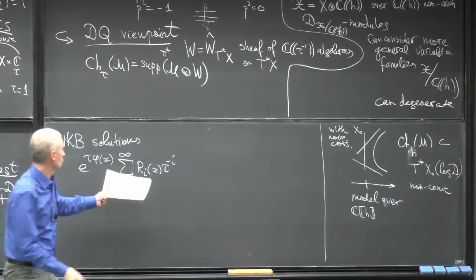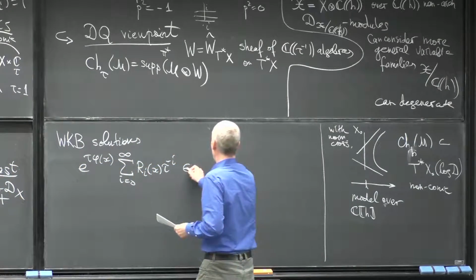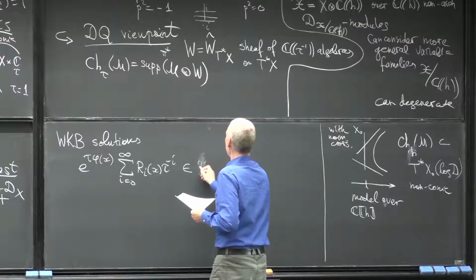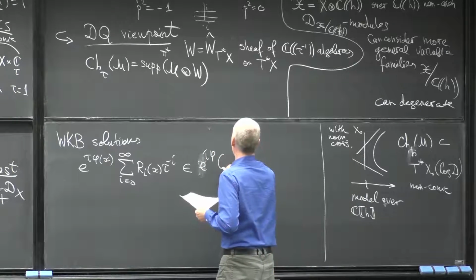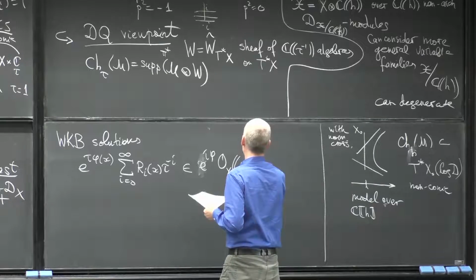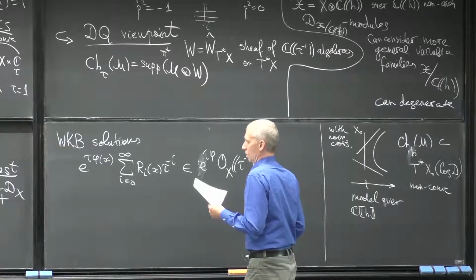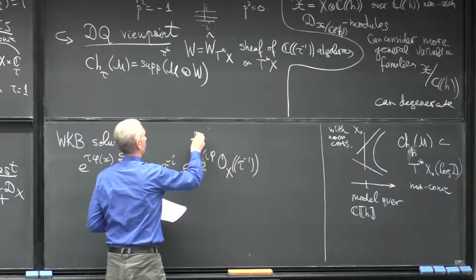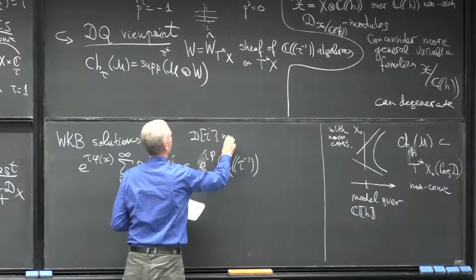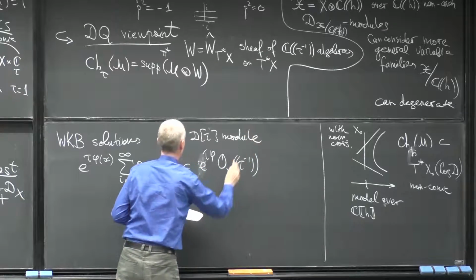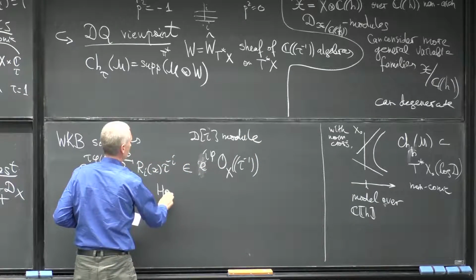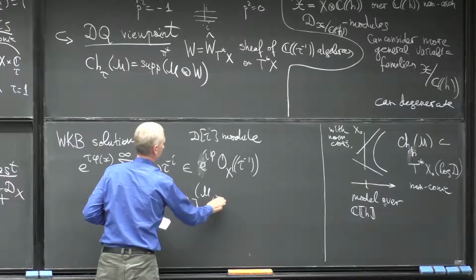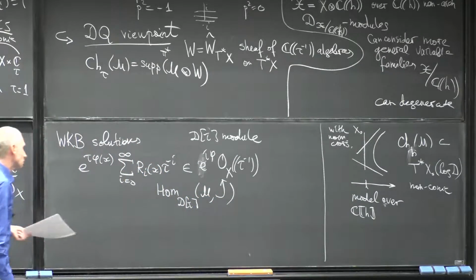So this is a part of a space or a sheaf, let's say e to the tau phi of x, tau inverse, which is a module over D of tau. So it's a D of tau module. So we can say that we look for Hom from our module to this.